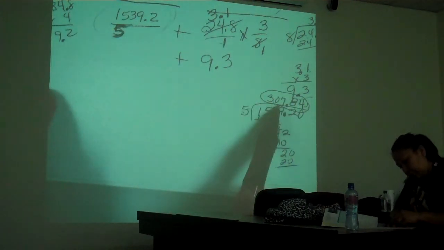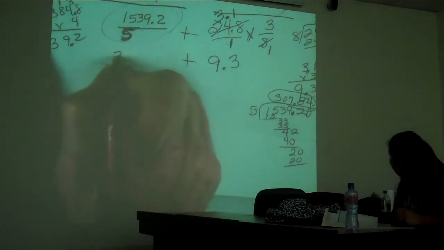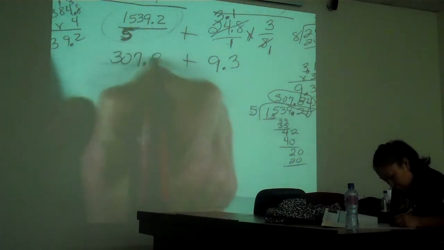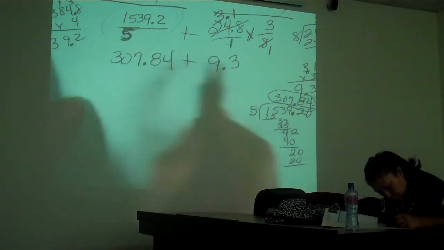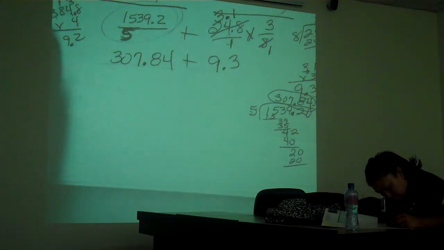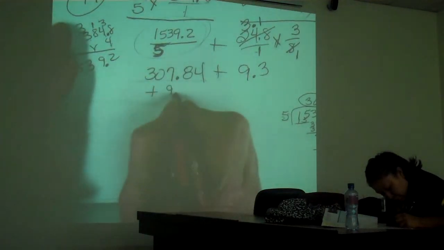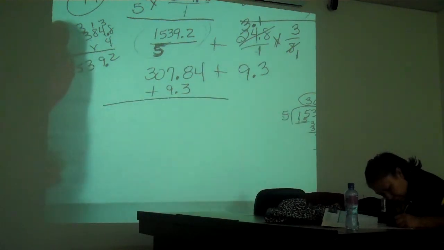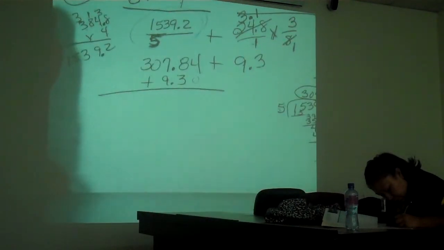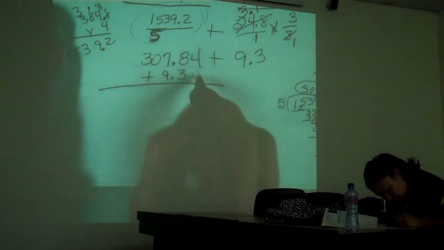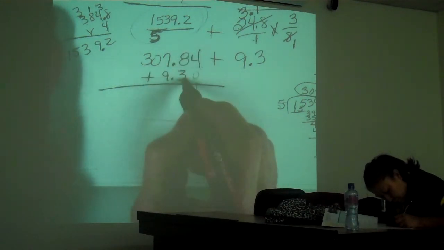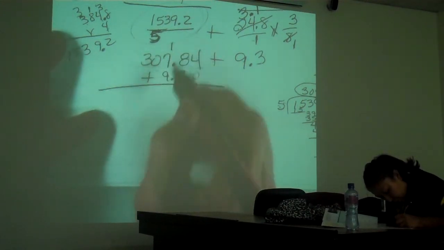We have 307.84 plus 9.3. Adding decimals, all you gotta do is line them up, right? Yeah, you could put a 0, but it doesn't matter. 4 plus 0 is 4. 8 plus 3? 11.